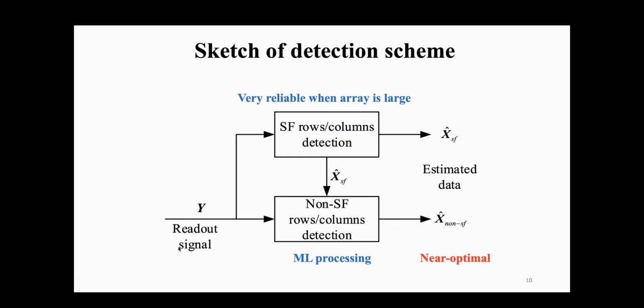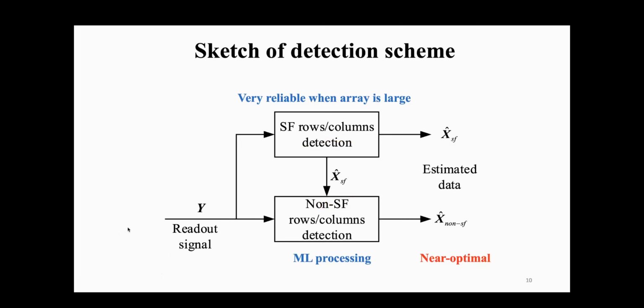We first detect the selector failure locations and the SF rows and columns based on the readback signal. We will show that as the array is large, this detection is very accurate. With the detected SF rows and columns, we can actually know the locations of a sneak path.